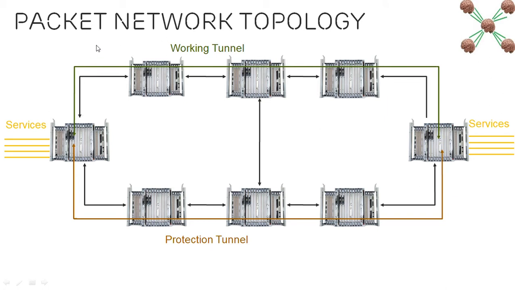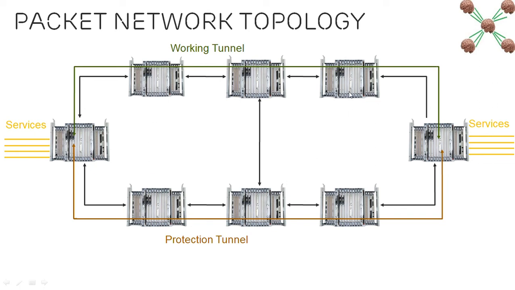And whenever this working tunnel fails, the protection tunnel will start working. So all the services which are taking this path through the working tunnel will be automatically switched to the protection tunnel.